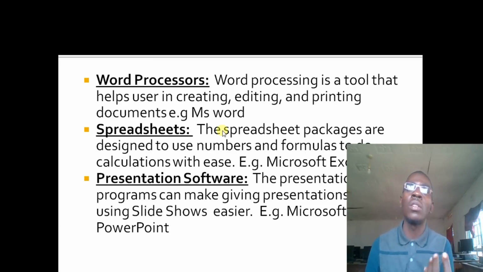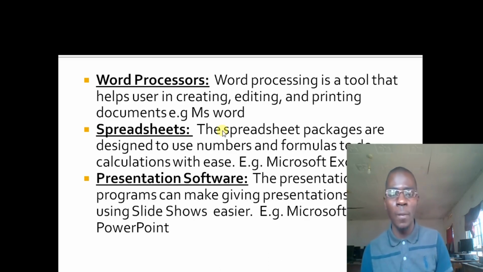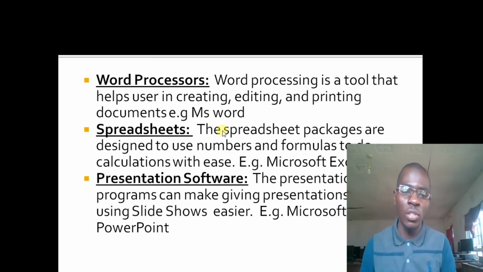For example, if you want to multiply two numbers, you use a function called product. If you want to get the total of two numbers or more than two numbers, you use a function called the sum. So that is a spreadsheet.